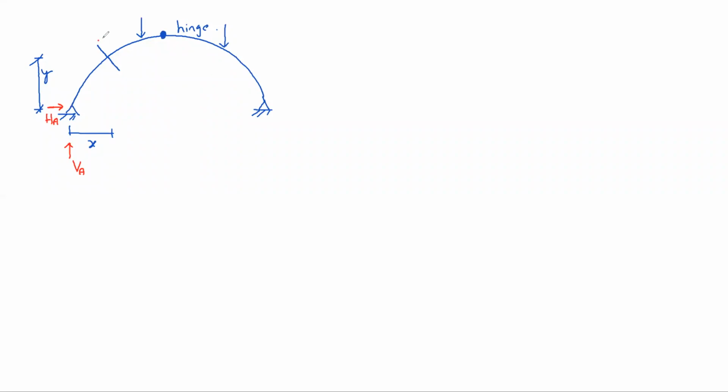Suppose this is the arch part, this one. This is VA, this is HA, this is X and this height is Y.